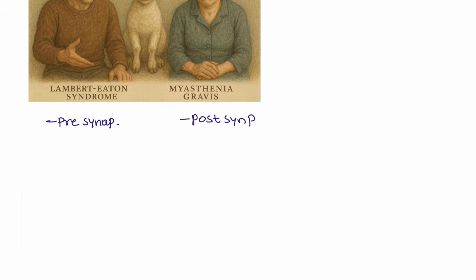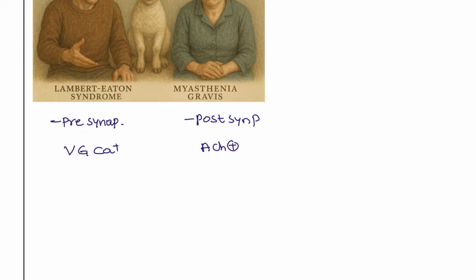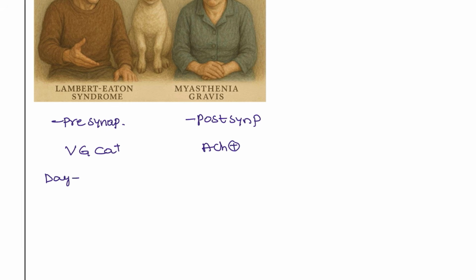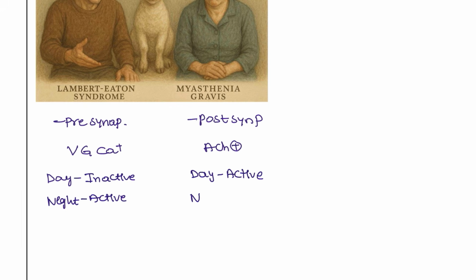Lambert-Eaton has voltage gated calcium channel abnormality, and here it is a problem with ACh, acetylcholine. Lambert-Eaton patients will be inactive in the day but active in the night because of the calcium release. Whereas myasthenia gravis patients are active in the daytime because acetylcholine is present, but at night they will be inactive as the acetylcholine is already gone.